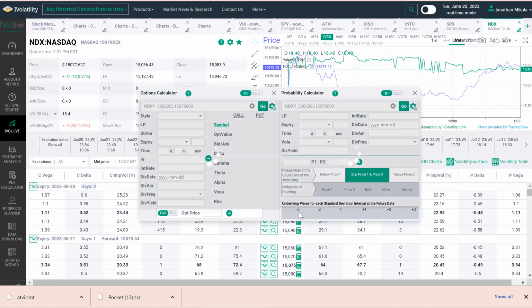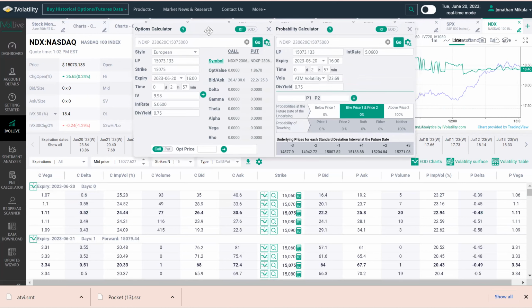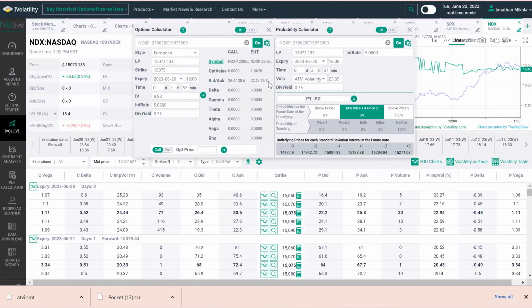Another cool thing is this probability calculator. If you're trading 0 DTE, you don't have a lot of time for things to go in your particular direction. So you could say, what's the likelihood that NDX is going to be below 15,075, and what's the likelihood that it's going to be over 15,080 by expiration, which is in 2 hours and 57 minutes.